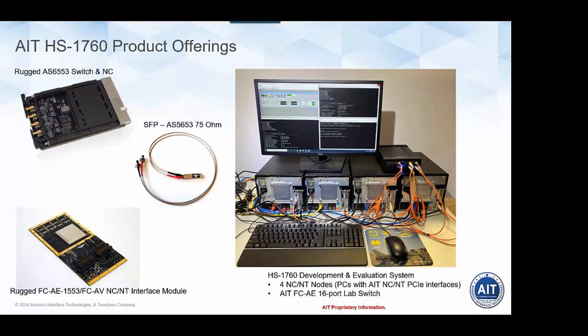and it also includes support for streaming video using FCAV. We also provide an interface device that allows you to go from the standard SFP that you see in a lot of lab-based Fibre Channel interfaces, which is normally used as an optical SFP. In this case, it converts it to a 75 ohm coax bidirectional link that's compliant with the 5653 75 ohm single-ended interface.